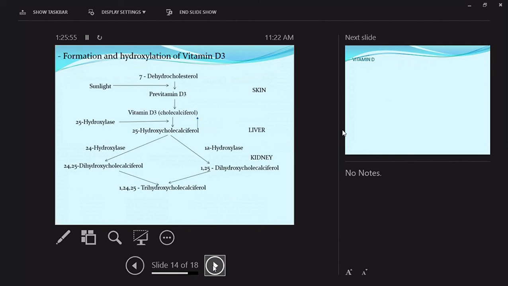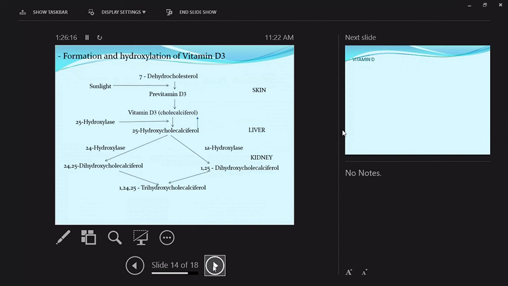Then it is brought to the liver. Your vitamin D3, cholecalciferol, is acted upon by 25-hydroxylase and converted to 25-hydroxycholecalciferol.